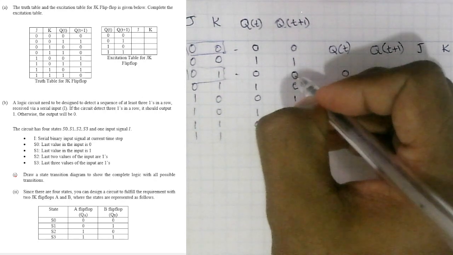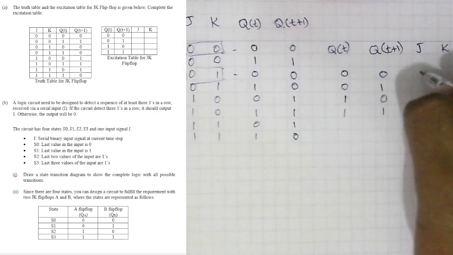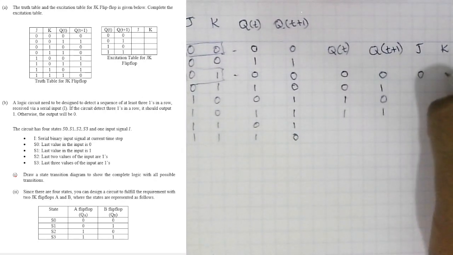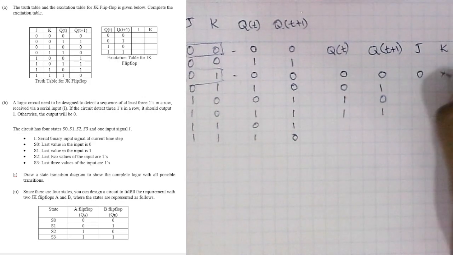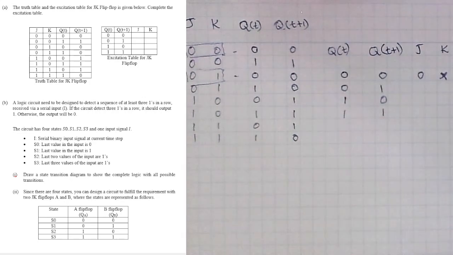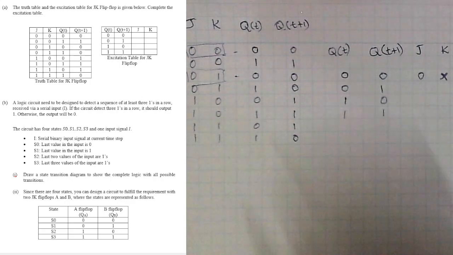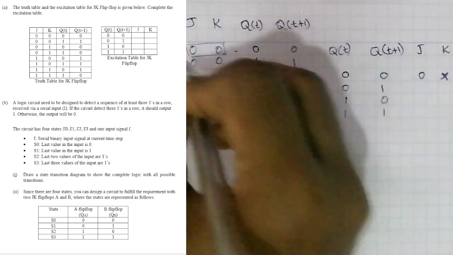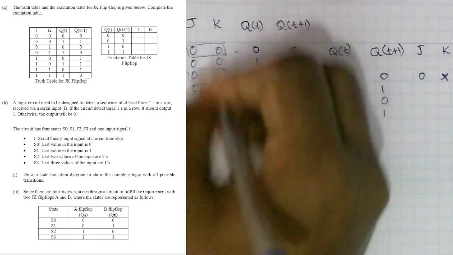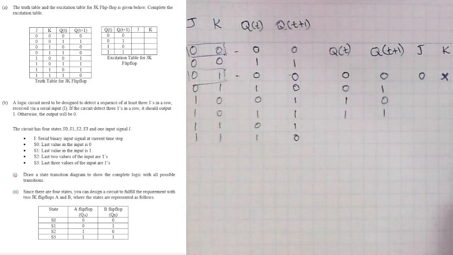What matters is J must be 0. So J is 0 and K we don't mind, because we are going from 0 to 0. If we need to achieve this transition, K does not matter, but J must be 0.